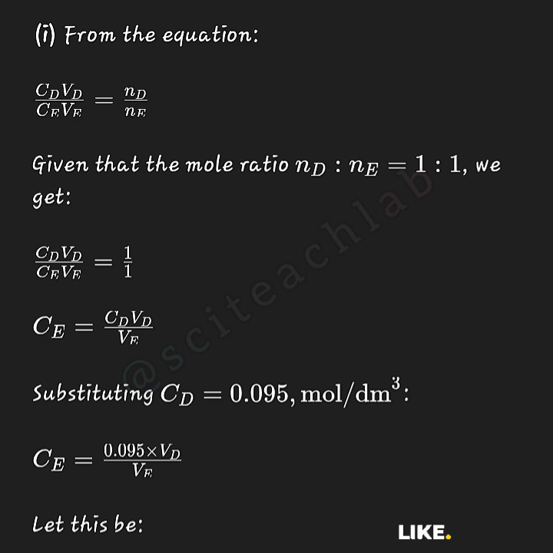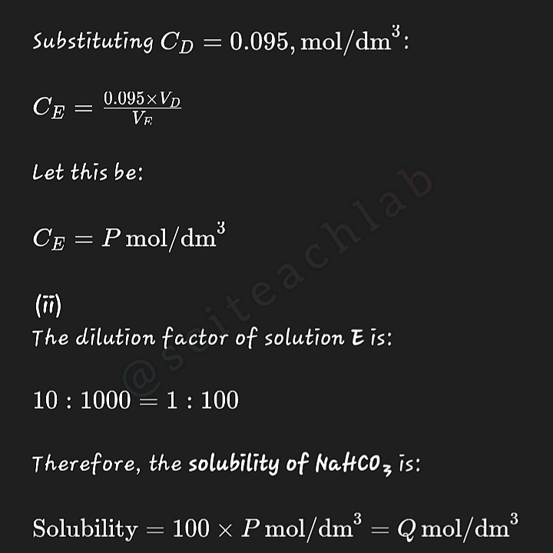So we substitute our values. The concentration of the acid was 0.095, and then the volume of the acid is what you find from your average titre. You did it first time, second time, third time, and then use maybe the last two to find the average.